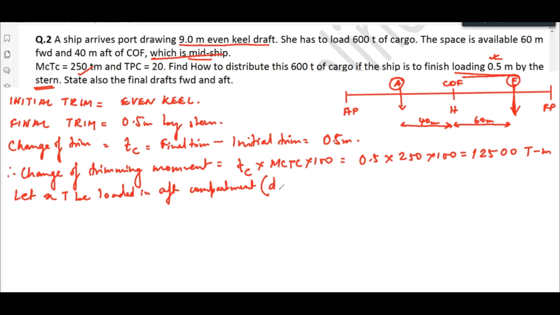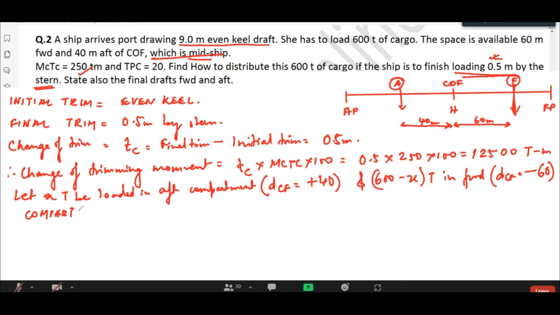That is DCF equal to plus 40, and 600 minus X tons in forward compartment. That is DCF equal to -60. Exactly. So just make the table.